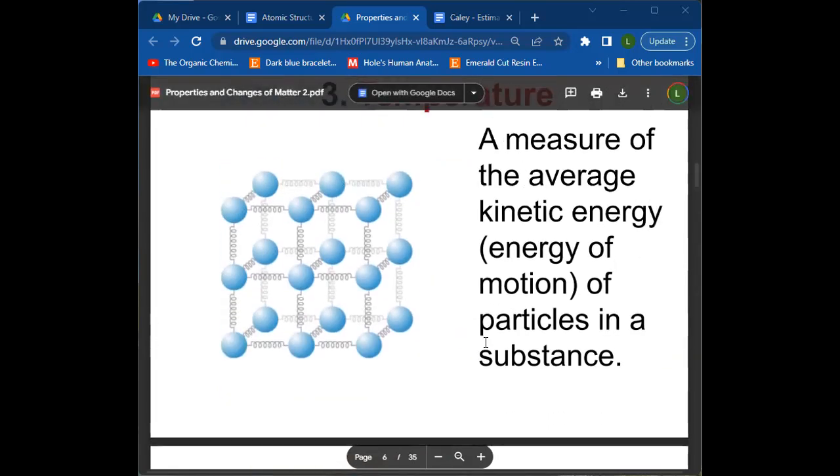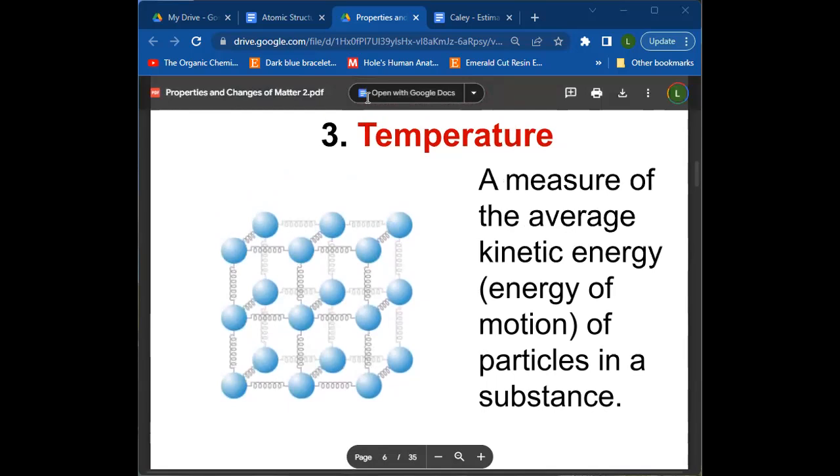Okay. And then there actually is a difference between temperature and heat.